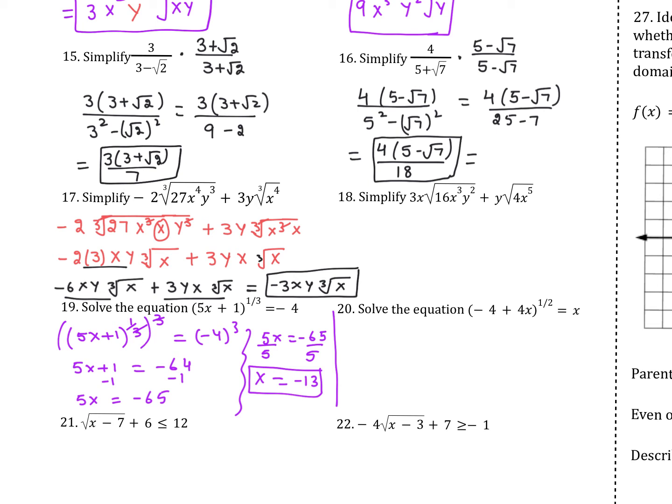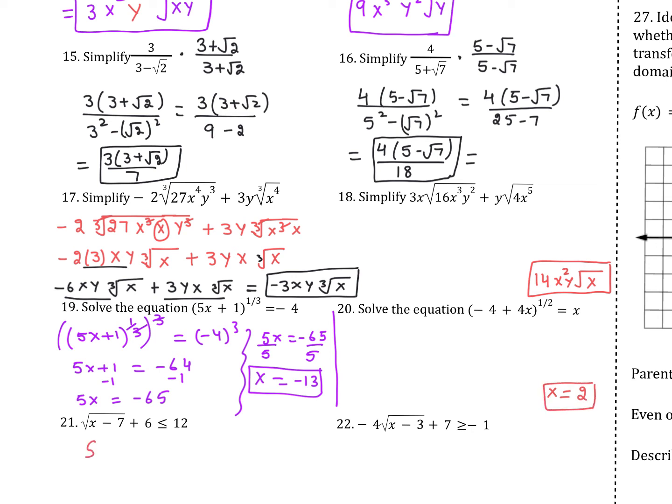So for number 18, I'm going to write down the answer and you're going to try. This is going to be 14 x squared, square root of x squared y, with the square root of x inside. For number 20, x equals 2.